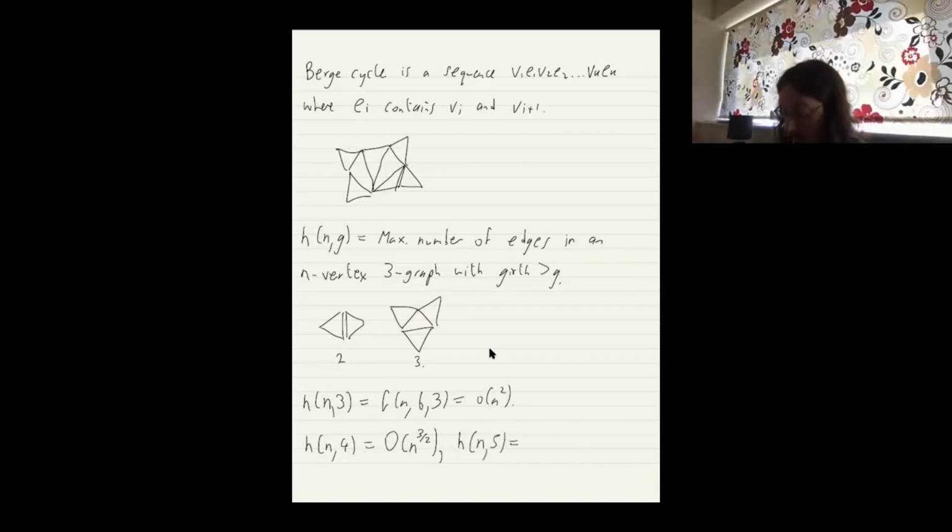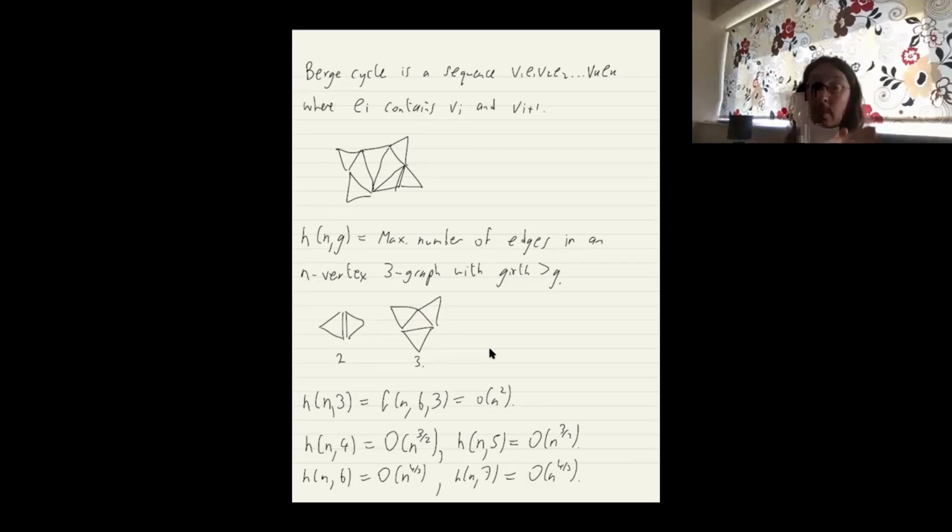For 5-cycles, it was known also to be big O of n to the 3 halves. For 6-cycles, it jumps down to n to the 4 thirds. For 7-cycles, again, it sticks at n to the 4 thirds, and so on and so forth. So you keep dropping at every even number. The next step, it goes 5 over 4, 5 over 4, 6 over 5, 6 over 5, and so on and so forth.